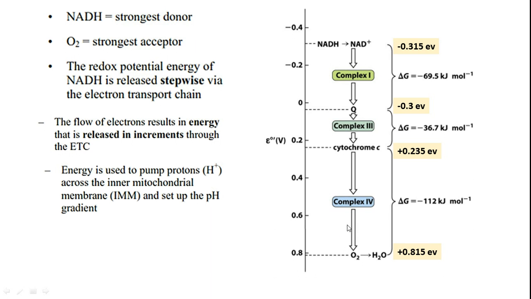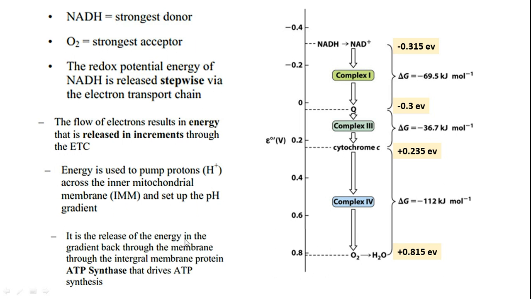This energy is used to pump protons across the inner mitochondrial membrane and set up the pH gradient. So this is what I am calling the proton motive force.